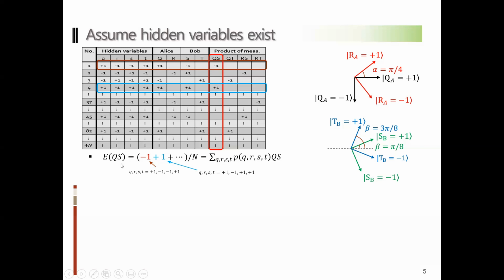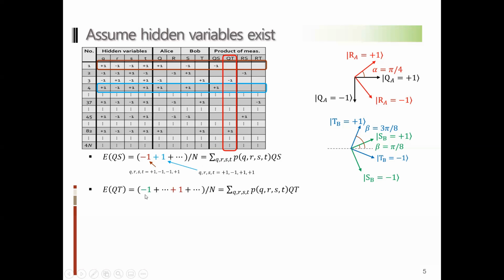So what about the expectation value for the product of Q and QT? In this case, we also have a non-zero value for QT for this third trial, or we will also have some non-zero value somewhere like the 80th trial.